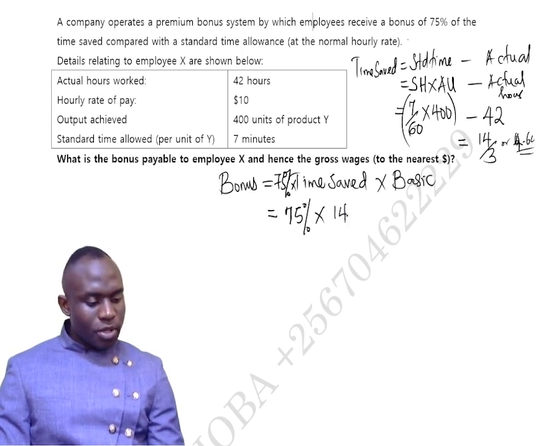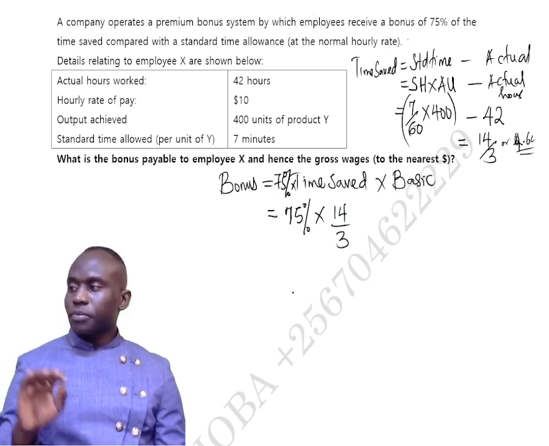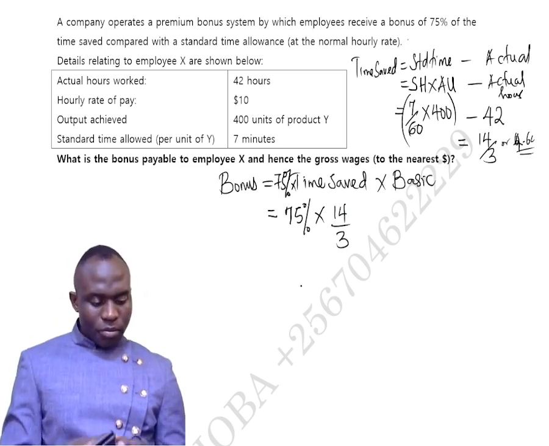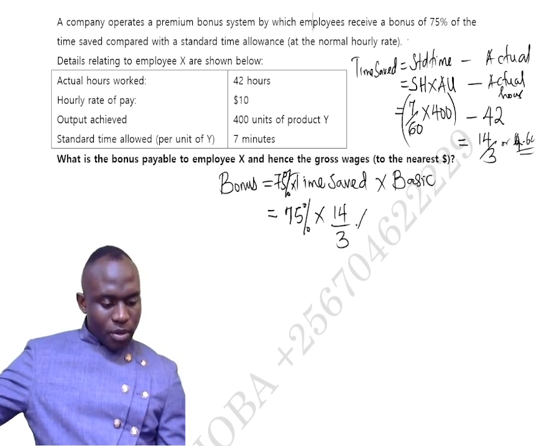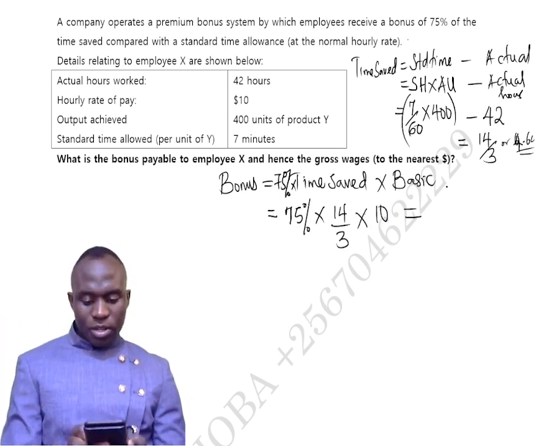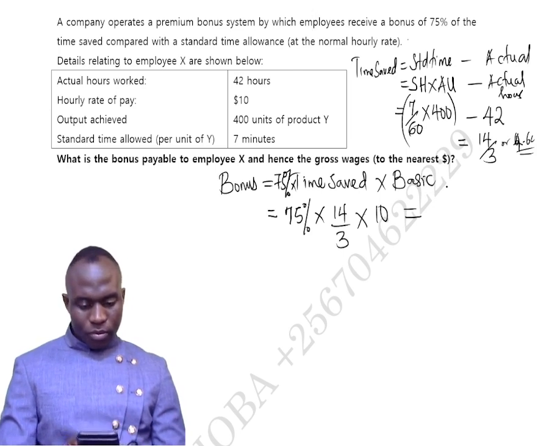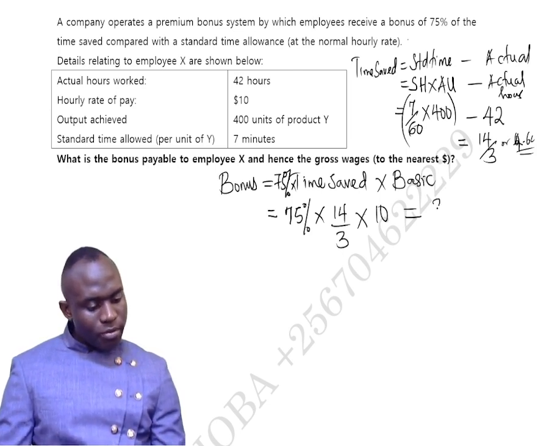So time saved is 14 out of 3, then times the basic payment, which is 10. So if we work out this, we get 35. So bonus is $35.